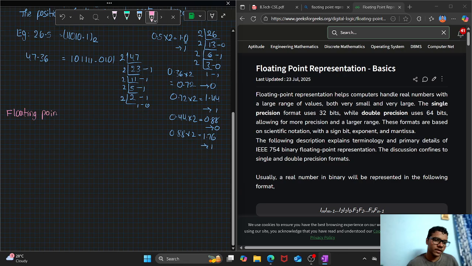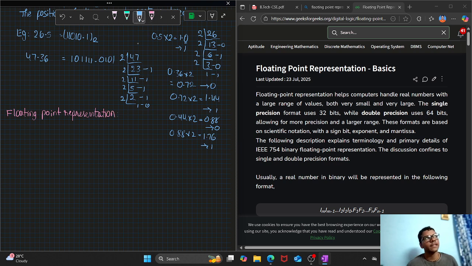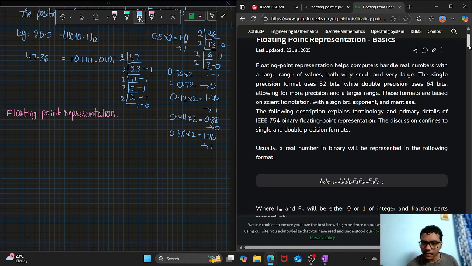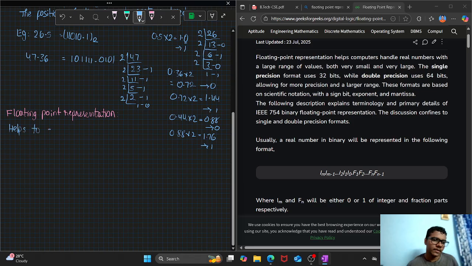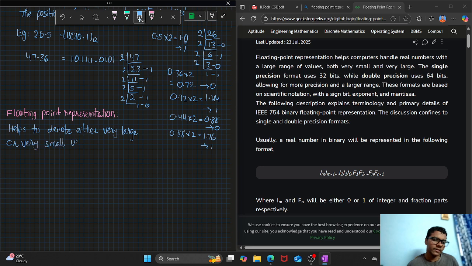We'll just look at the formula and its significance, and the IEEE 754, the Institute of Electrical and Electronics Engineers. They have devised a standard way of doing this, which helps computers handle real numbers with a large range of values. It helps to denote either very large or very small values.